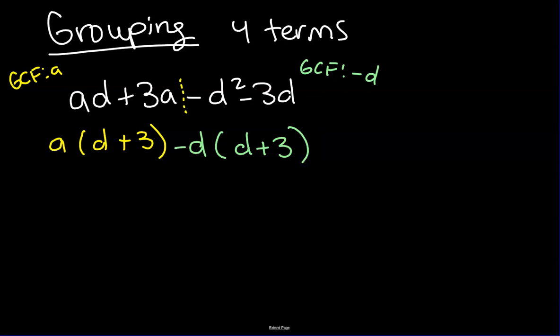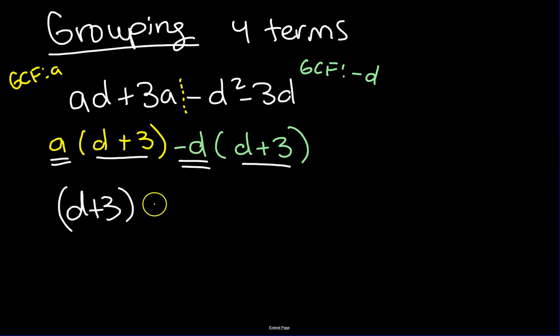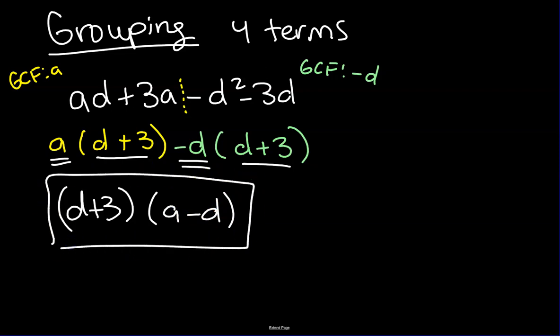So notice that both of these have the same piece in my parentheses, which is the whole point, because that means that is one of my factors. And the other factor comes from what I got to factor out. So A minus D is my other factor. And if you don't believe me, you can FOIL this back together. You can multiply them, and you will get back our original expression.